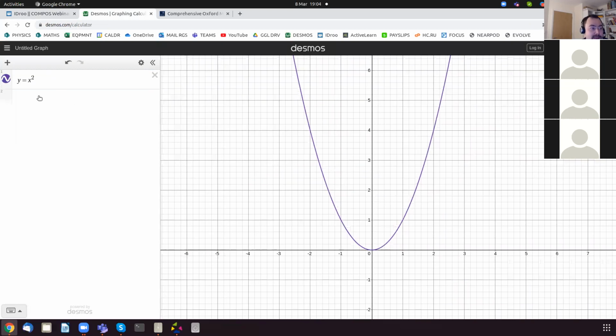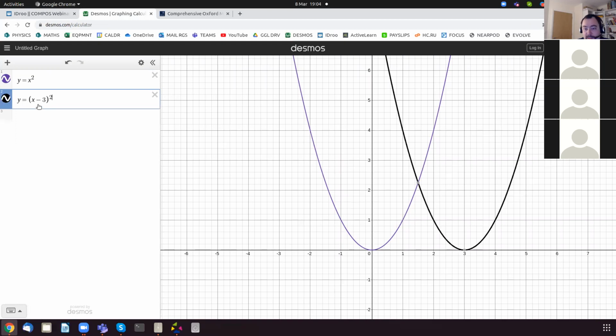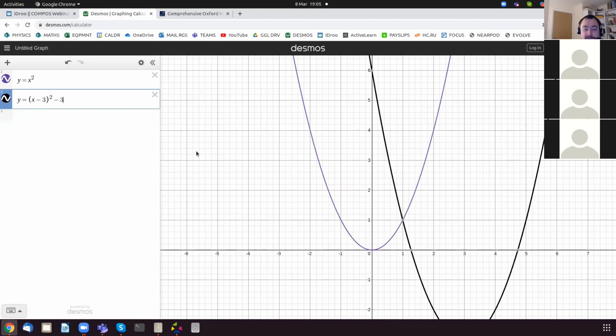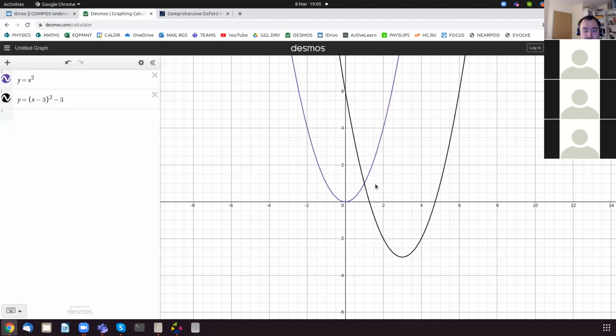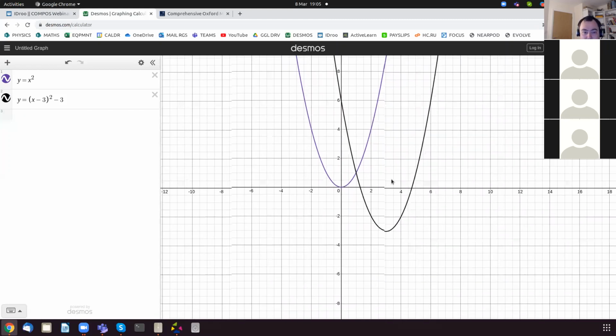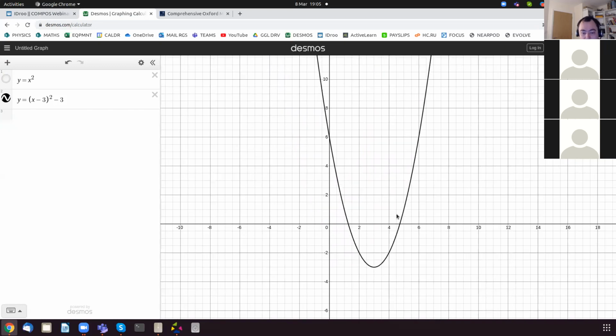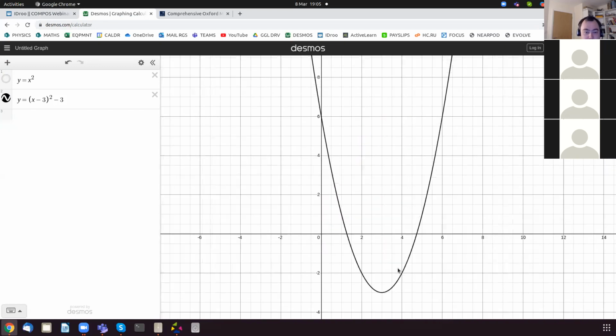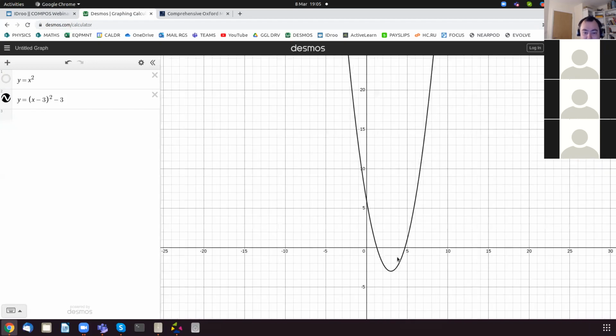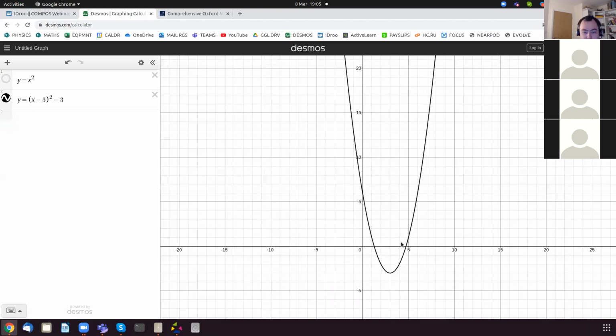Now y equals x minus 3 squared. That's a shift to the right. And I'm going to do down on the same one, so minus 3. So that's a shift to the right and shift down. Now, what does the modulus x transformation do? Can somebody help me?